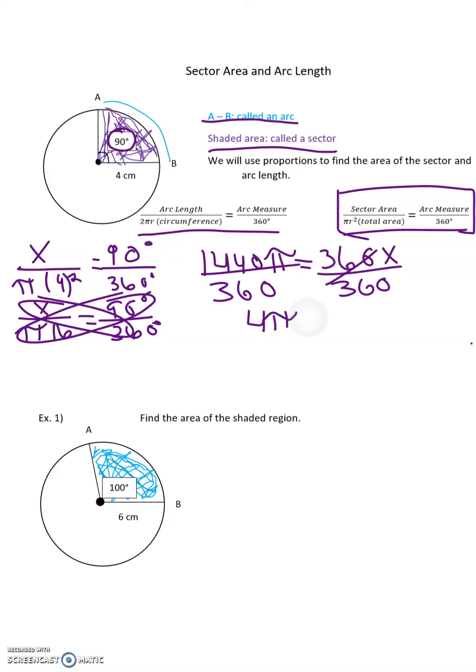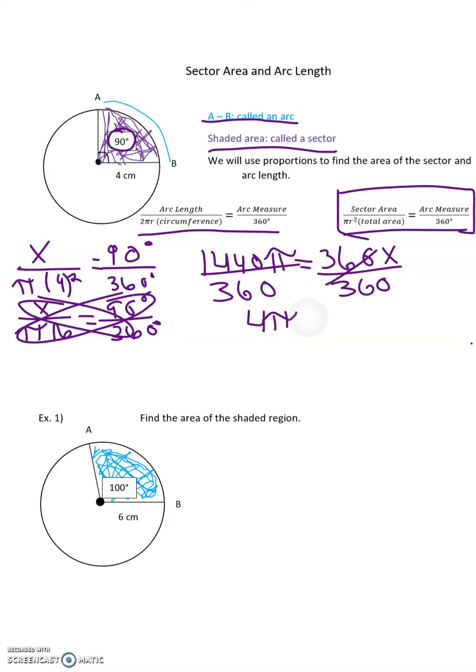And then our arc measure is 100 degrees in this case, still over 360. The 360 is always going to be part of your proportion, no matter which way you're setting it up. Okay, so simplifying, we have x over pi times 36 equals 100 degrees over 360 degrees.